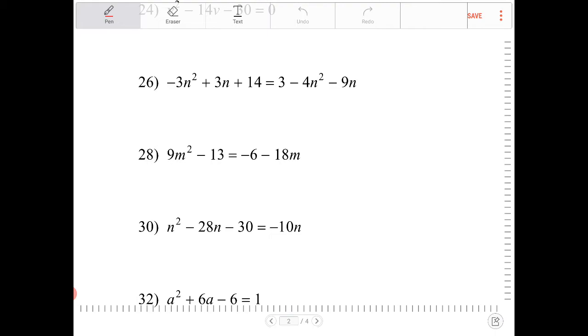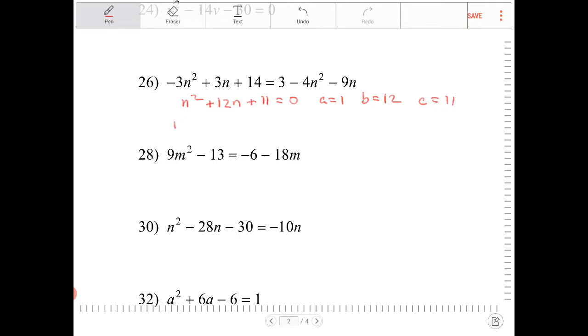So what would happen then? If I add over 4n squared, I'll end up with n squared. And I'm going to add over 9n, so I'm going to end up with 12n, so it's plus 12n. And I'm going to subtract over 3, so I end up with plus 11 is equal to 0. So if I do this, a is equal to 1, b is equal to 12, and c is equal to 11.